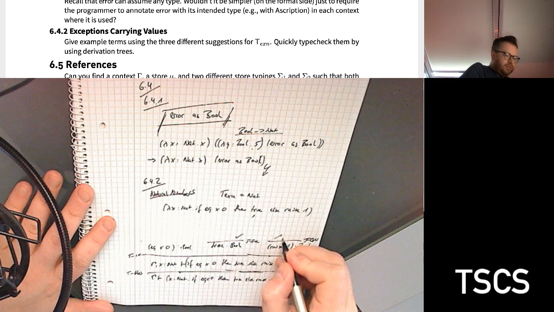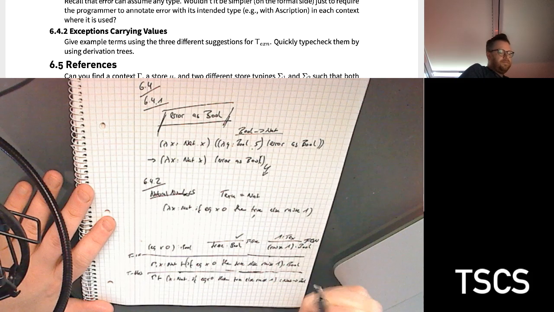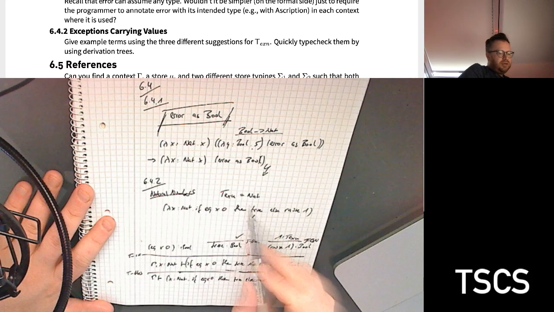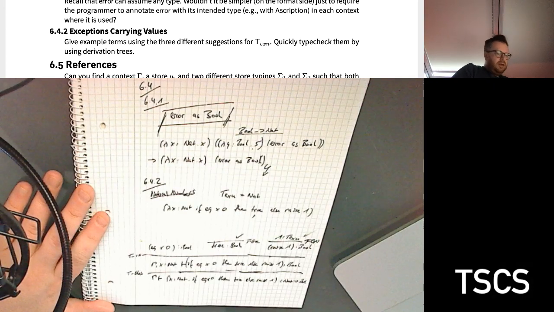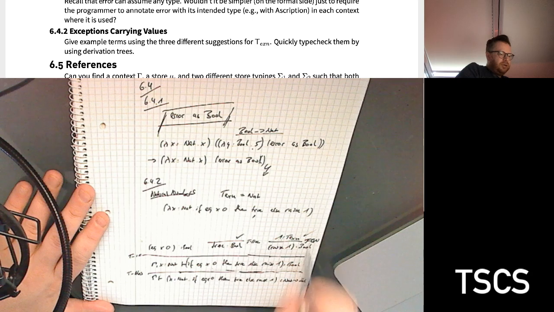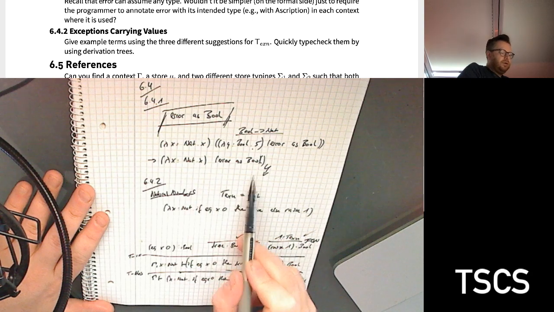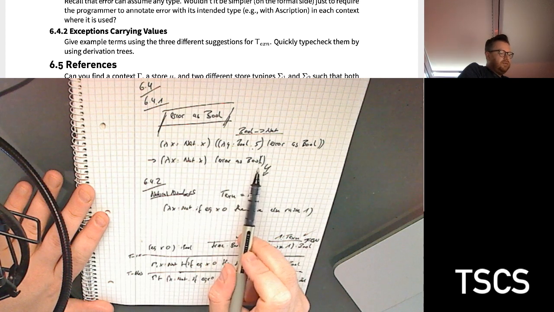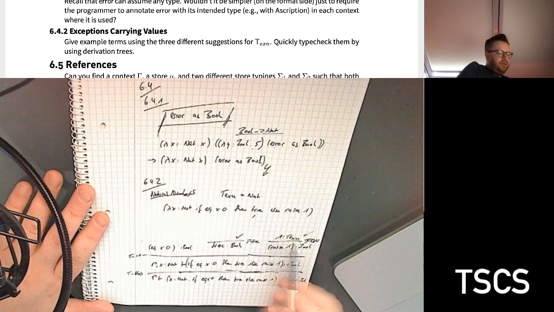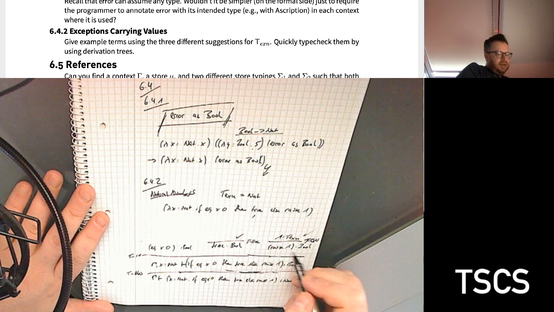If we can type 1 as the exception type, and the exception type is natural number, this is fine, so the whole thing checks out fine. And this here is the critical part. We couldn't do this before in this part because we didn't have such a rule. We cannot decide that this ascribed term here is actually an exception type, but here we can. Here we definitely define an exception type and have checked out that the term that we had inside of the raise is also matching this exception type. So this was all good.